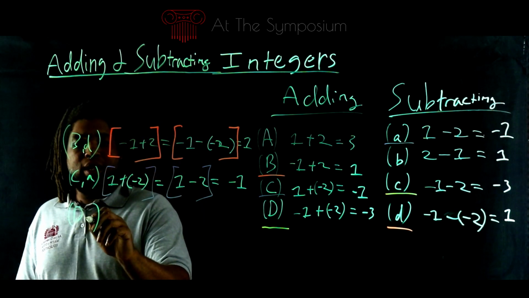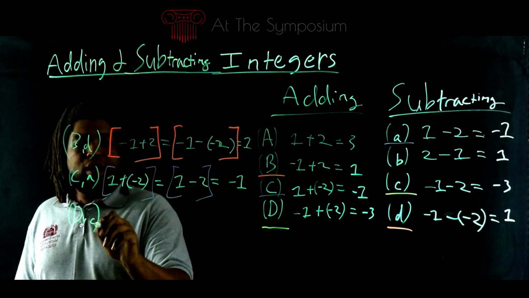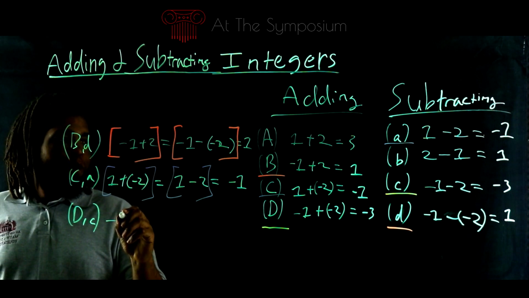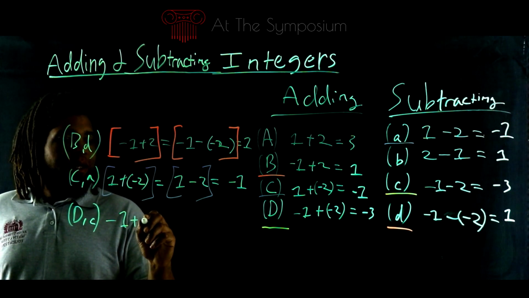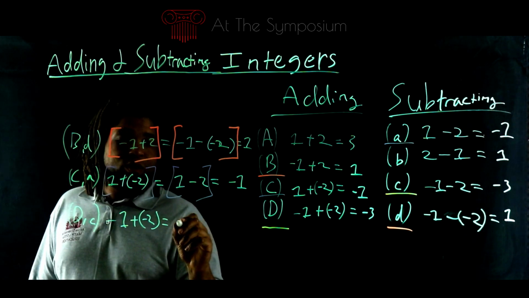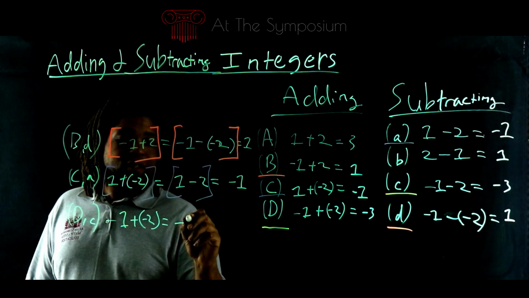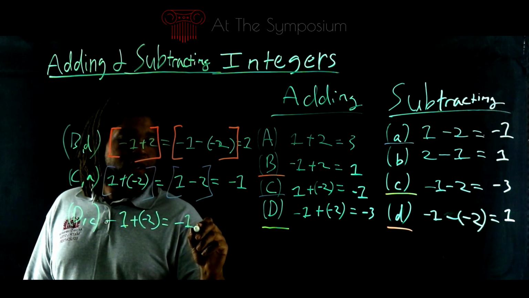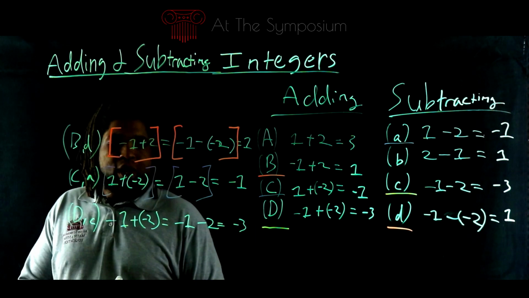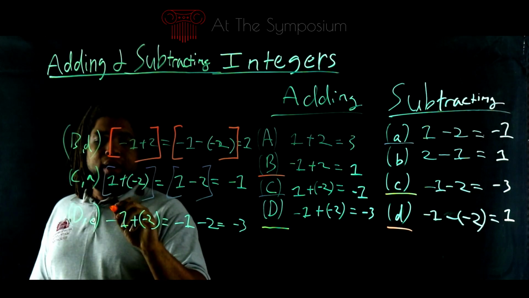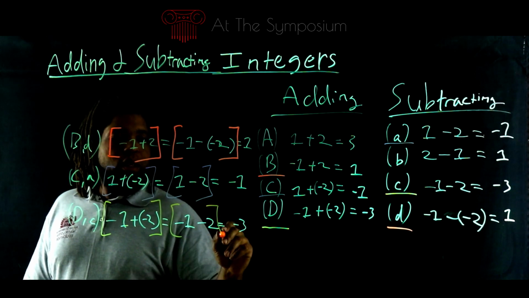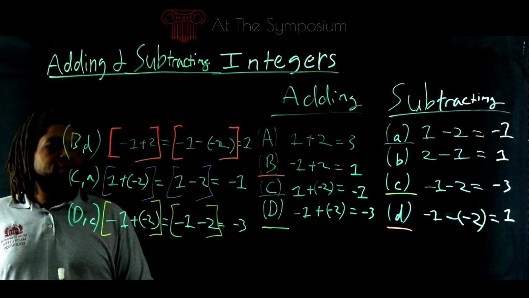So uppercase D, lowercase c: negative 1 plus negative 2 is equivocal to the subtraction statement of negative 1 minus 2, which equals negative 3. Both of them equal the same number when you do the math. So there really isn't that much difference. Okay?